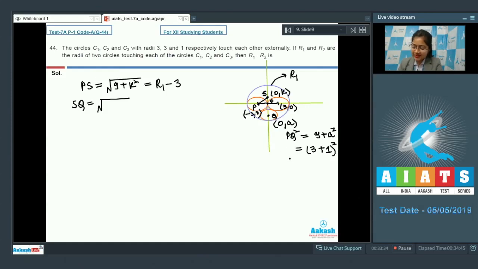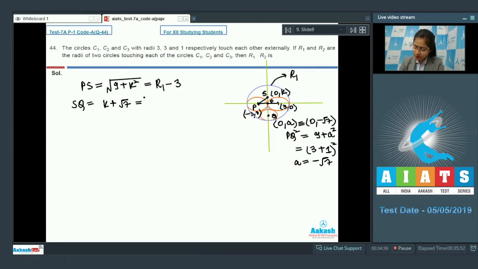So we can say that 16 minus 9, that is 7, is equal to A square. So the value of A is equal to minus root 7. So let us write it here as 0, minus root 7. This is the coordinate of Q. Now SQ can be written equal to K plus root 7.